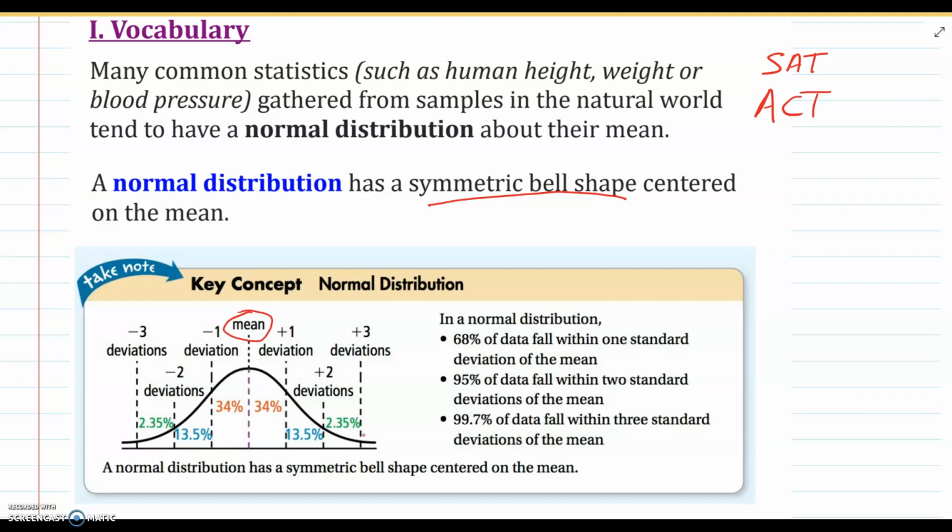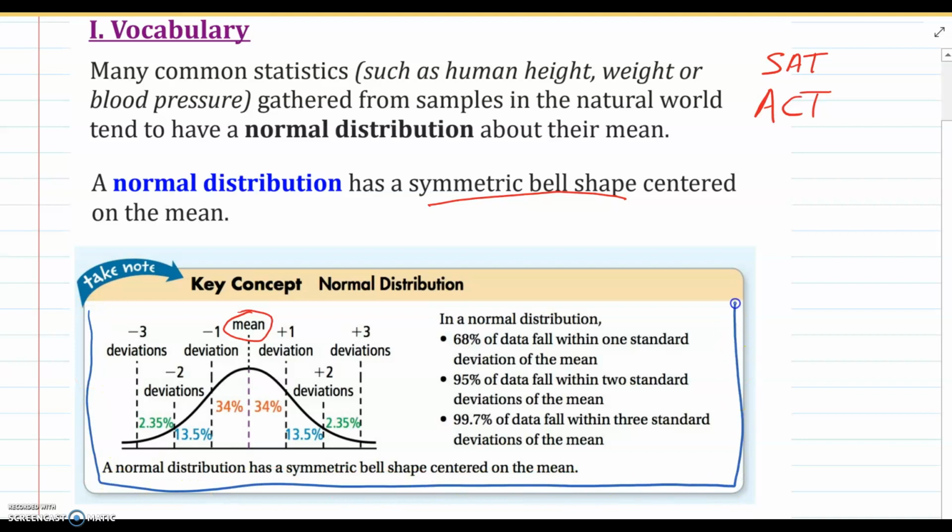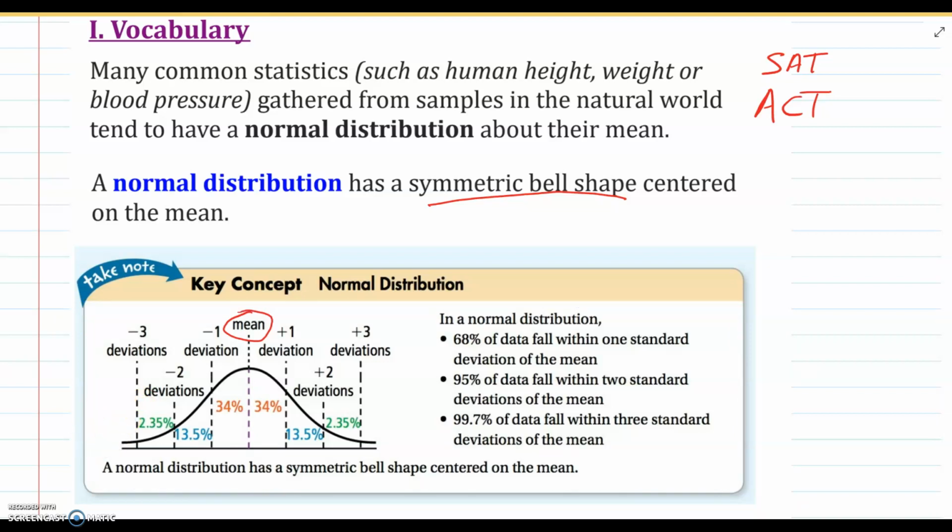And I would say right now, if I was in your shoes, I would immediately stop this and just copy this box down because we're going to be using it. Unfortunately, it's not quite complete, so I'm going to add in two more things here.